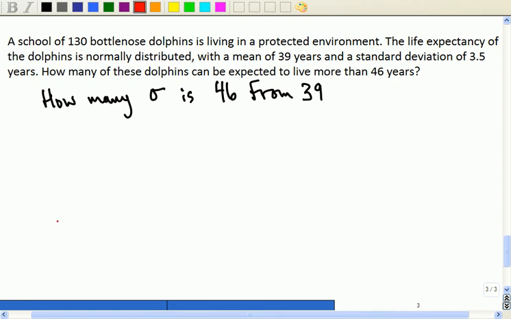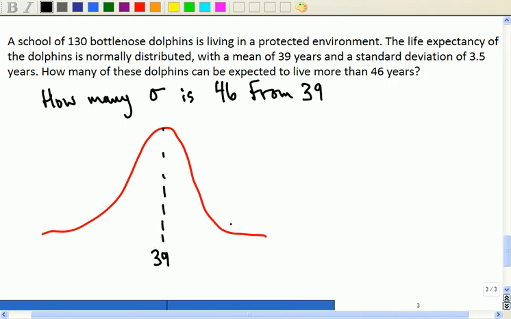So this is our curve. We'd be looking at something like this. And this would be the average age of 39. And I'm out here at 46. So what I want to know is, how far did I have to move to get there? Okay, so let's just think about it in years. How many years did I have to move to get there? 7 years. But when we deal with the normal distribution, we're always interested in average and standard deviation.